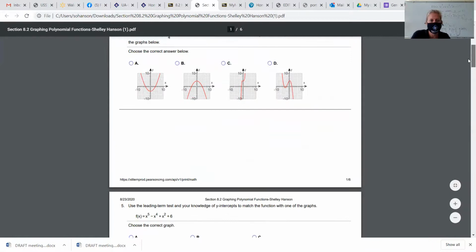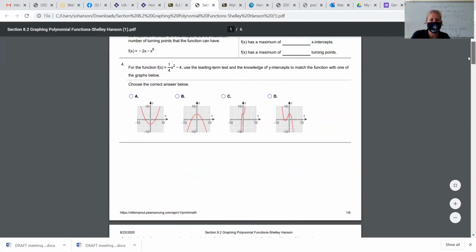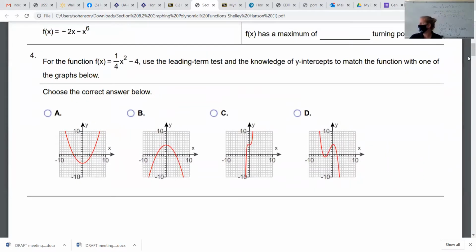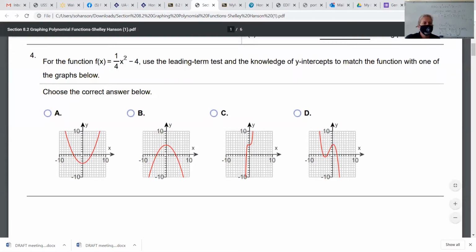All right, down to number 4. So the function on number 4 is 1/4 x squared minus 4. So the first thing you're always going to look for is the end behavior. What should my end behavior be?